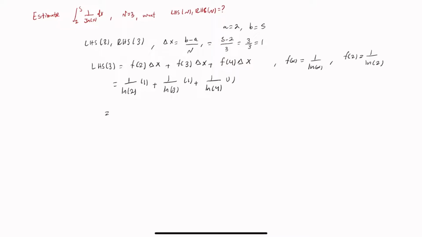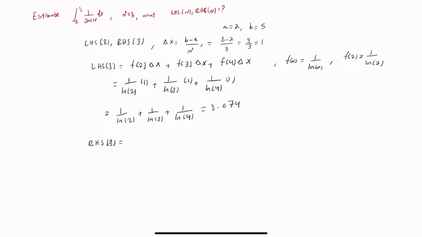It's going to be equal to 1 over natural log of 2, plus 1 over natural log of 3, plus 1 over natural log of 4. This is going to be equal to 3.074.